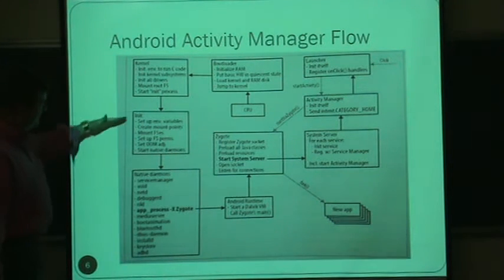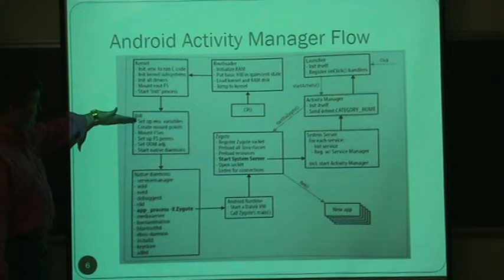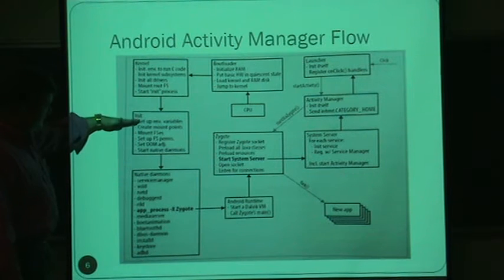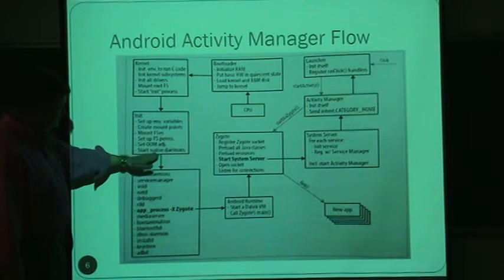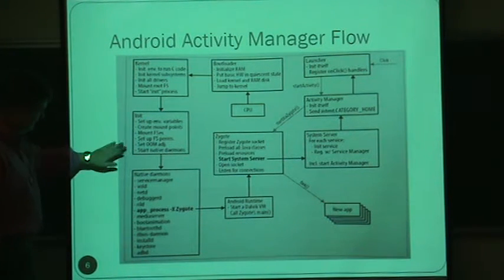The init process, which is this last one here, sets environment variables and creates mount points where you can plug devices into the system, and also starts up daemon processes that don't necessarily have a parent. They run independent of a parent, so they can't be killed with that parent.